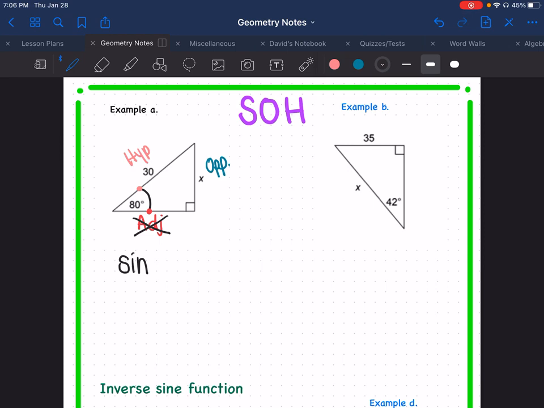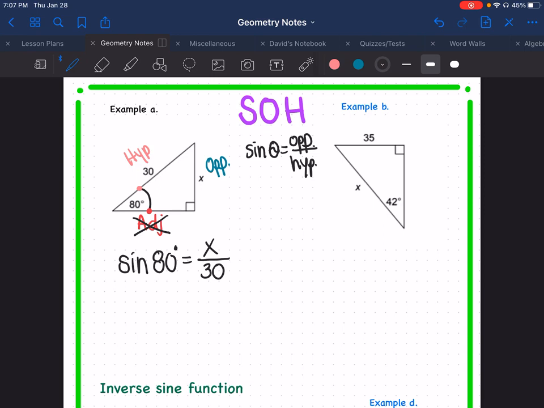Remember the formula said sine of theta, so I'm going to put sine of 80 degrees equals the opposite over the hypotenuse. Okay, so that's how I'm setting it up. Sine theta equals opposite over hypotenuse.